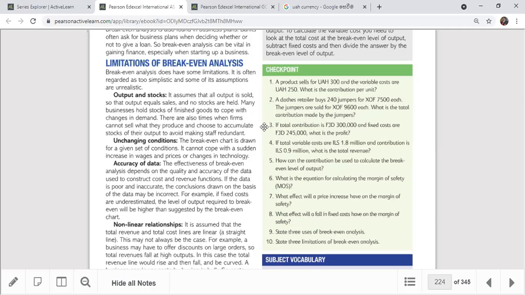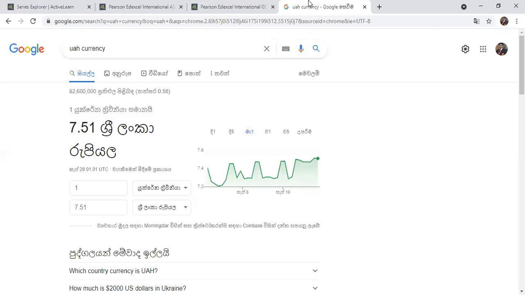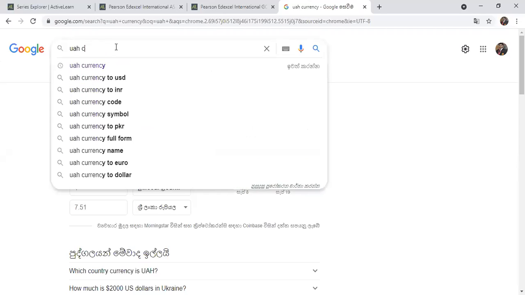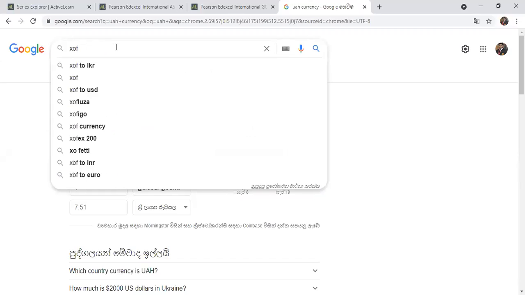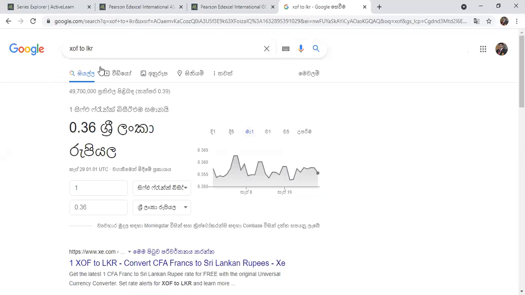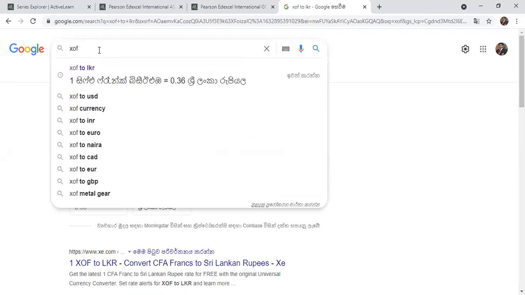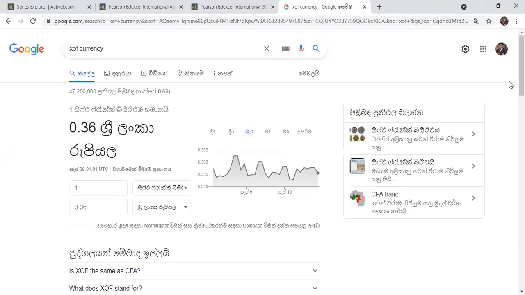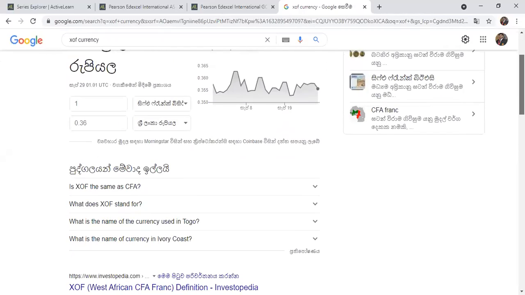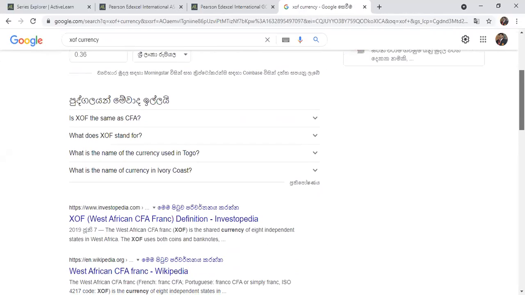First, let's see what the XOF currency stands for. XOF is the West African CFA franc.